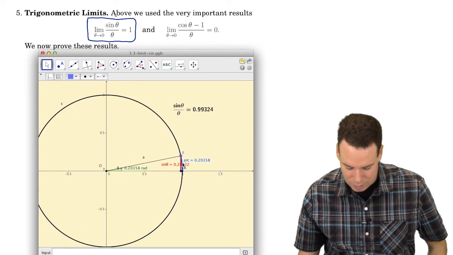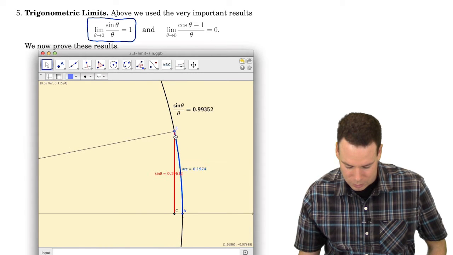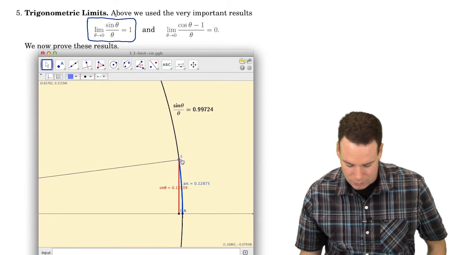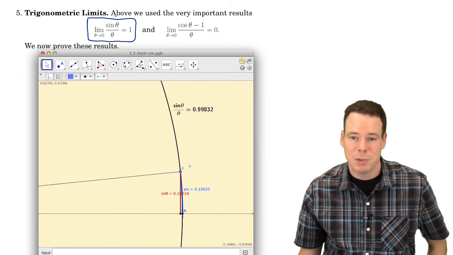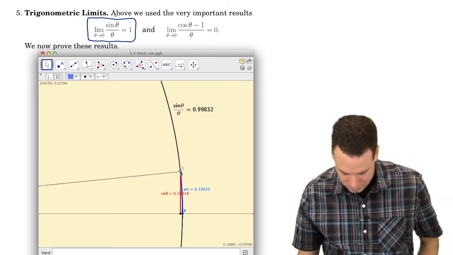So as theta shrinks, I'll zoom in here, what happens to the length of the arc and the length of the red line segment? They seem to be approaching each other. It almost looks like they're really one and the same.